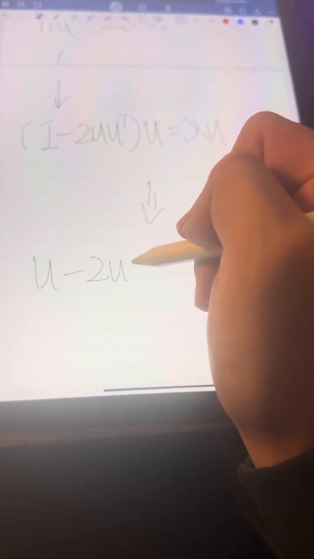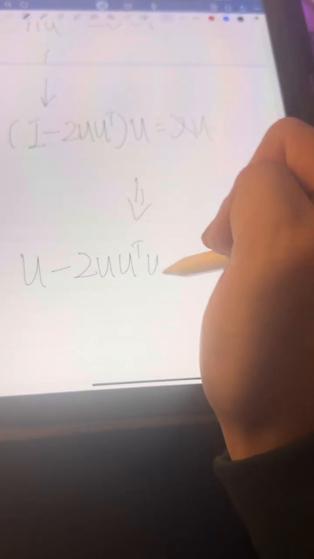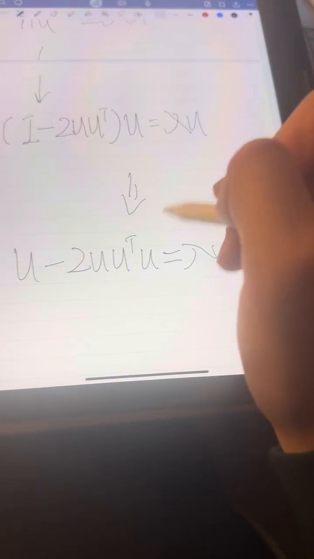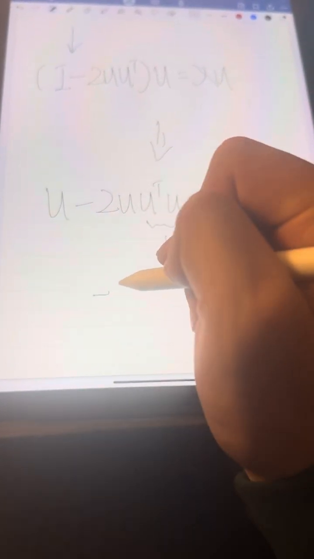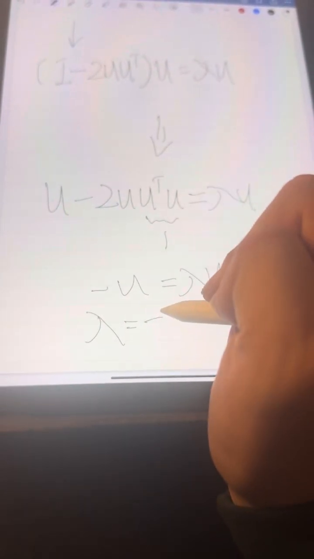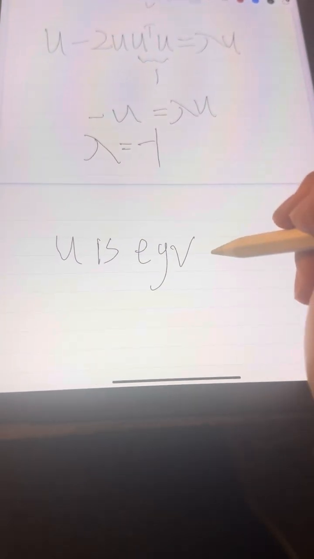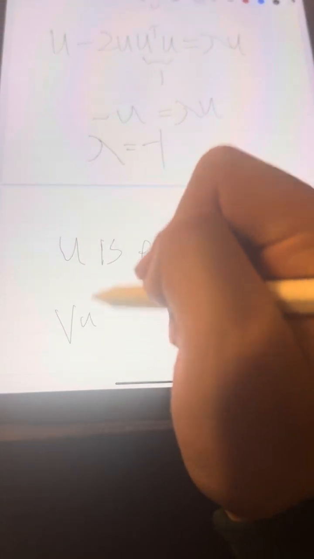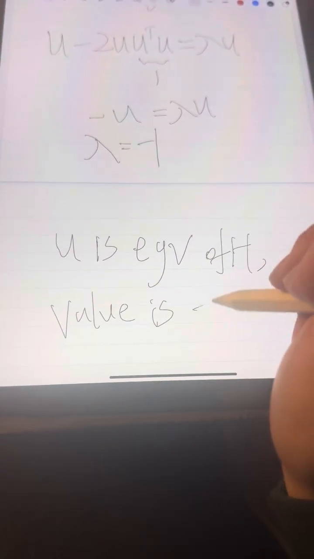And this is going to be U minus 2 U U transpose U. This part is 1, right? So it's going to be minus U equals lambda U. So it is very obvious that lambda equals minus 1. So U is an eigenvector of H, and the eigenvalue is minus 1.